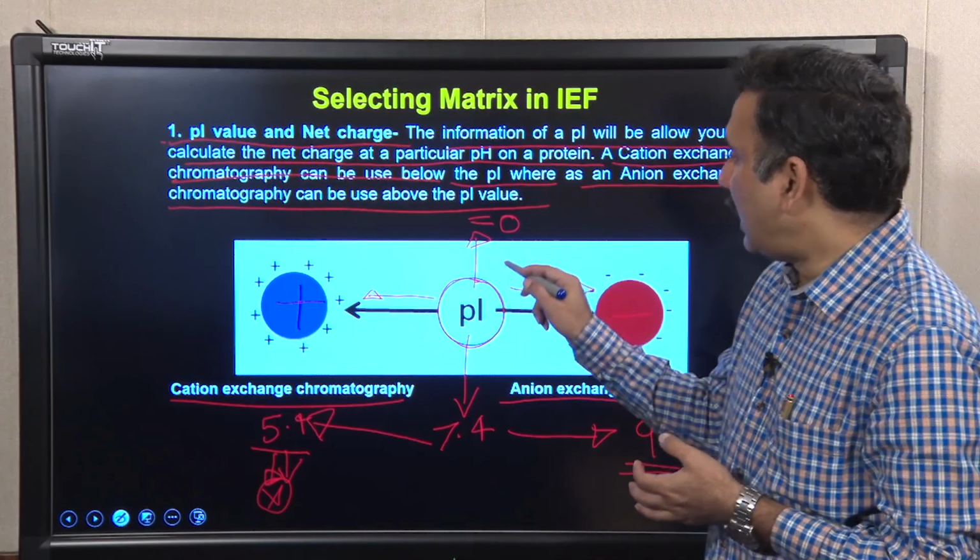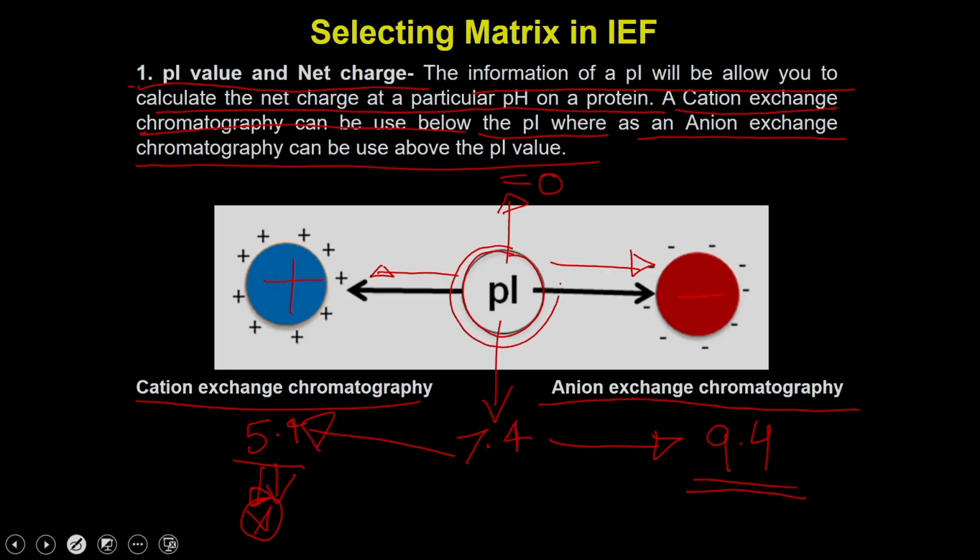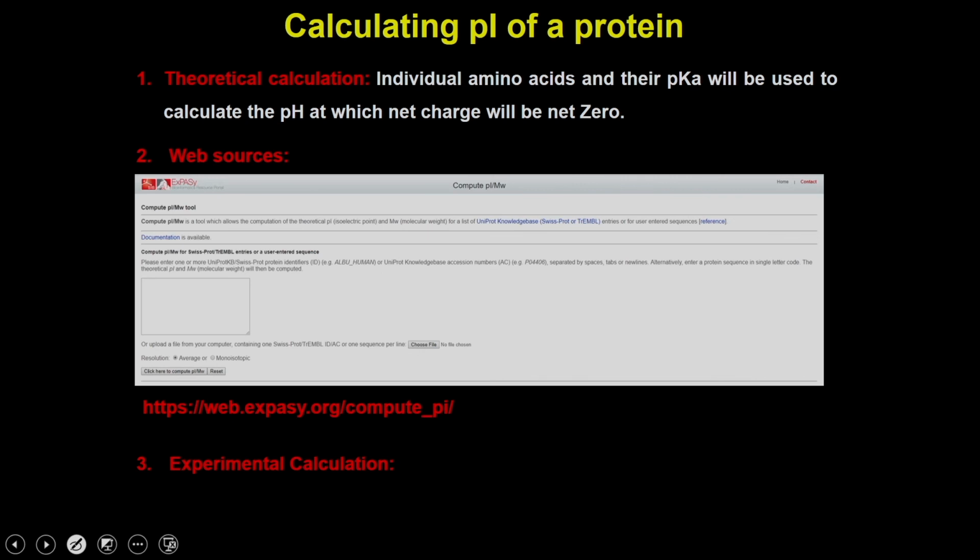So, now the question is how you can determine the PI, or the isoelectric point, of a particular protein. There are multiple ways by which you can calculate the isoelectric point of a protein.